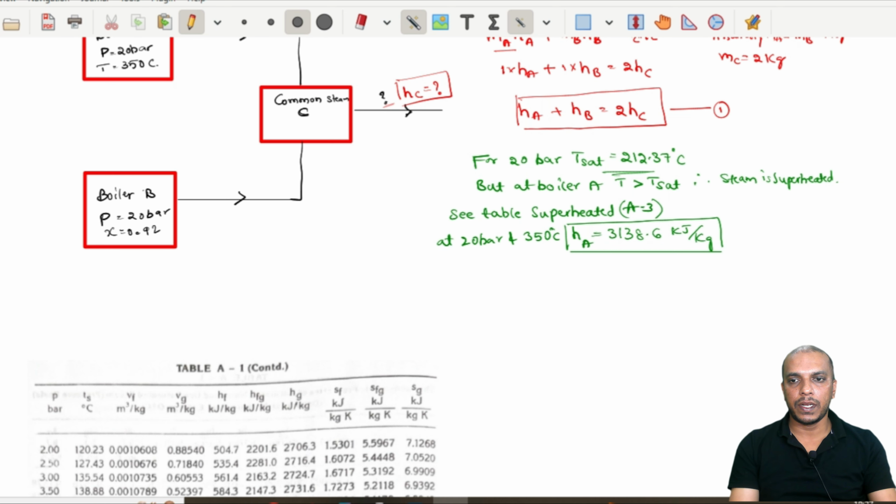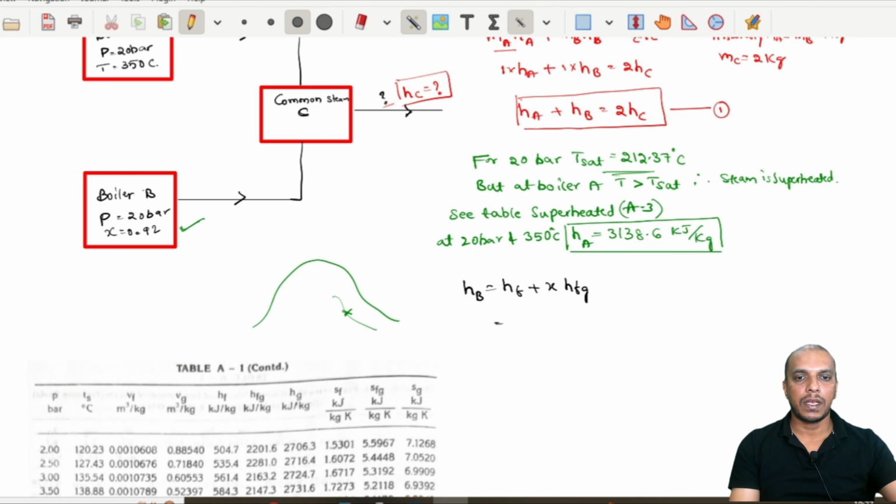Whenever we talk about wet steam and dryness fraction, we are talking within the vapor dome, and X equal to 0.92 lies somewhere here. Whenever we have wet steam, the equation has to be HF plus X HFG.